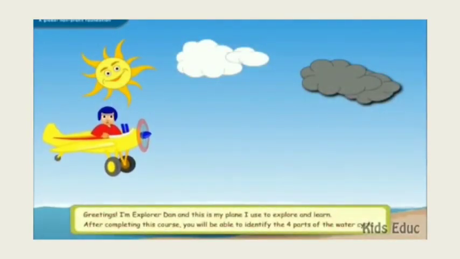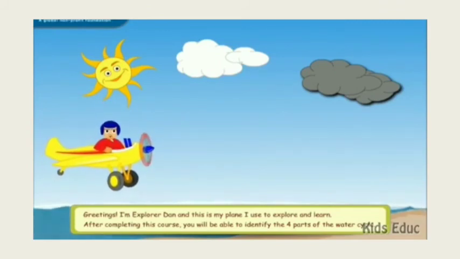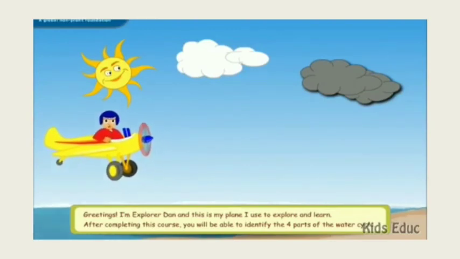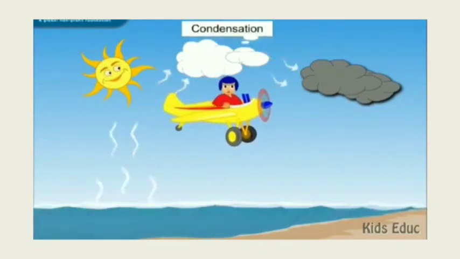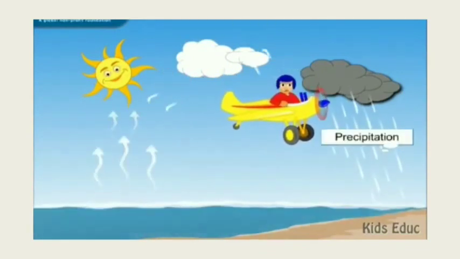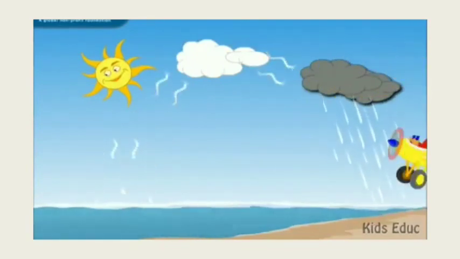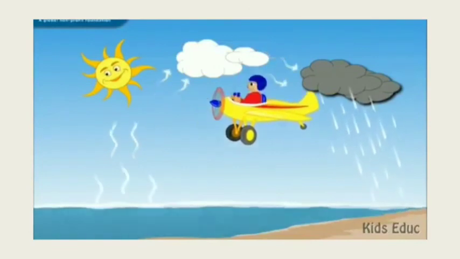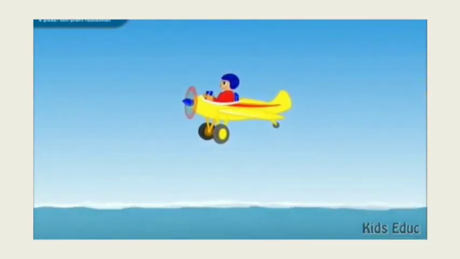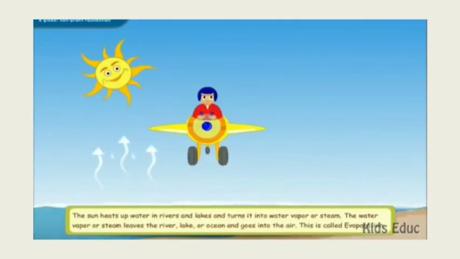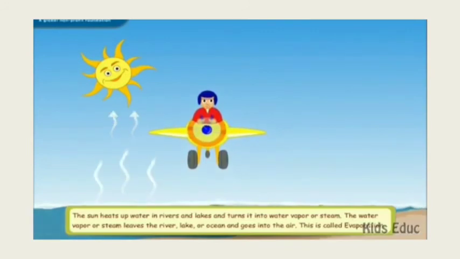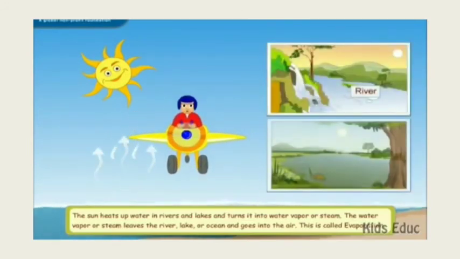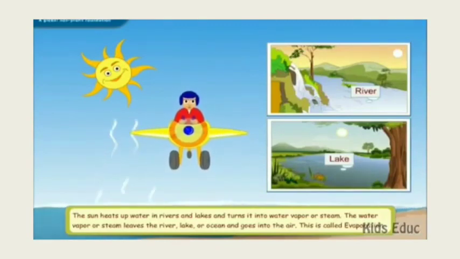Greetings, I'm Explorer Dan, and this is my plane I use to explore and learn. After completing this course, you will be able to identify the four parts of the water cycle. They are evaporation, condensation, precipitation, and collection. The sun heats up water in rivers and lakes and turns it into water vapor or steam. The water vapor or steam leaves the river, lake, or ocean and goes into the air.